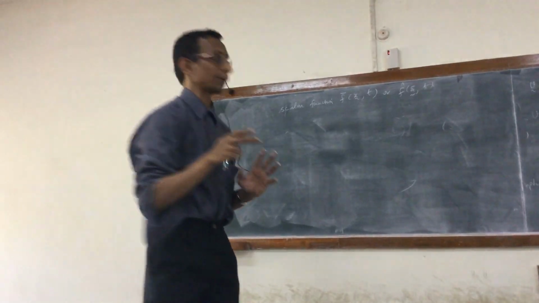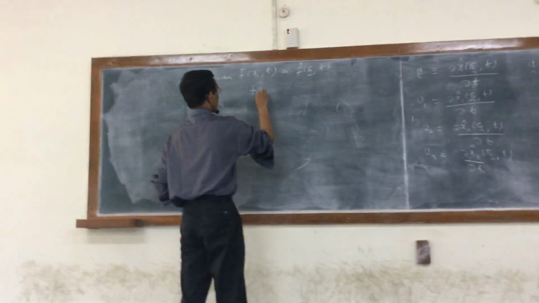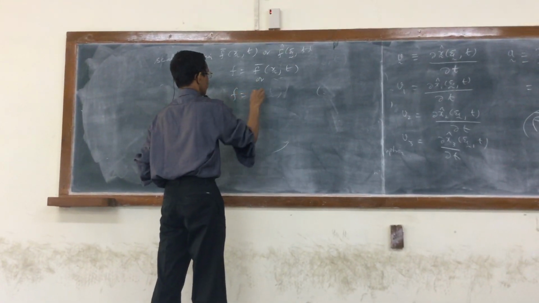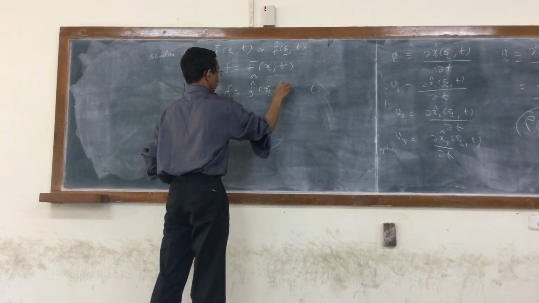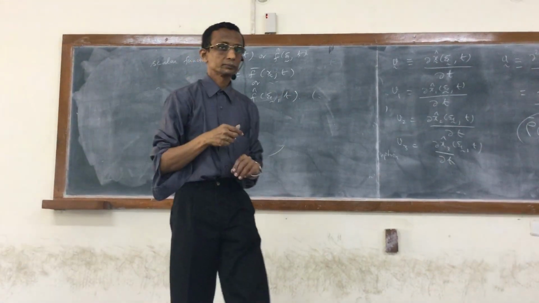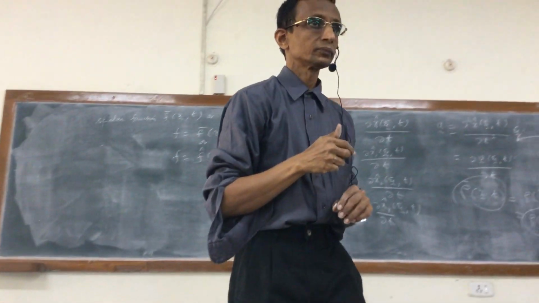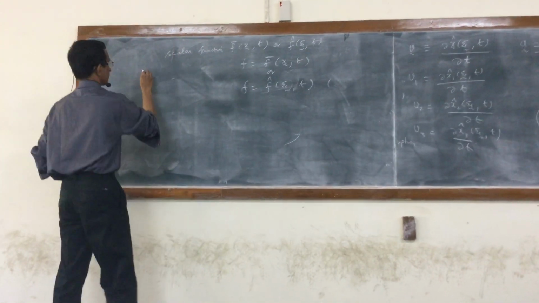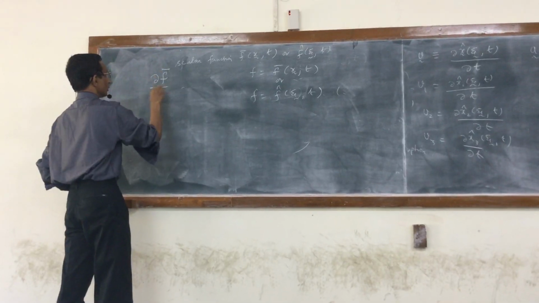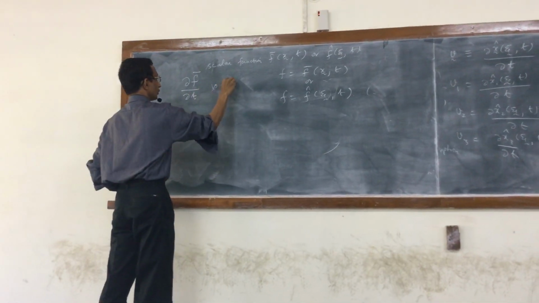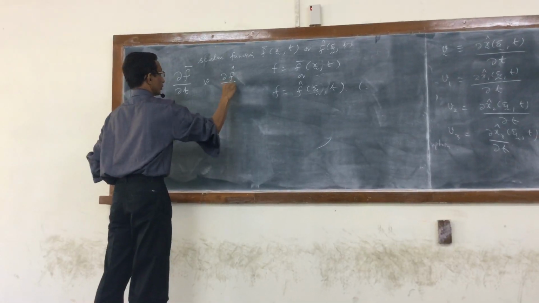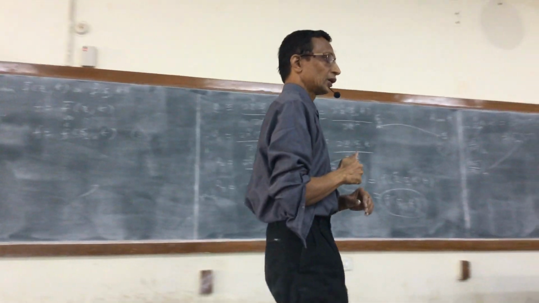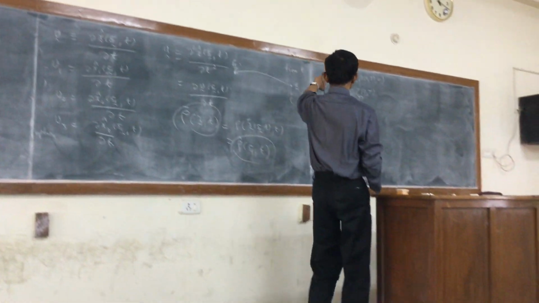The quantity is the same, so I can either write f is equal to f of x and t, or f of psi and t. Now the question is, what is the difference between df by dt? So you may think I have violated the rule, right?